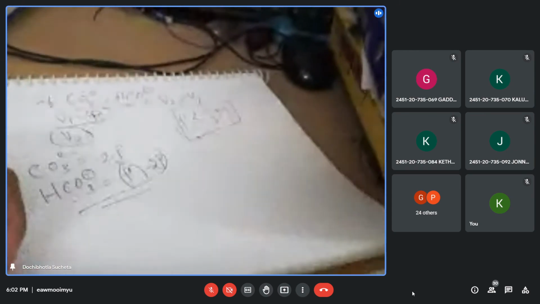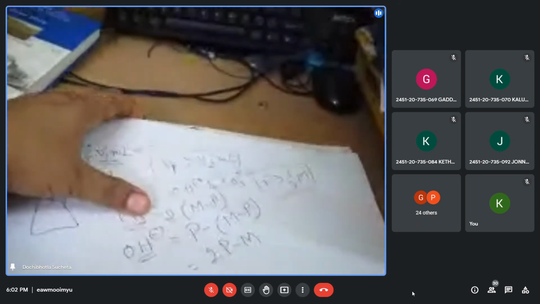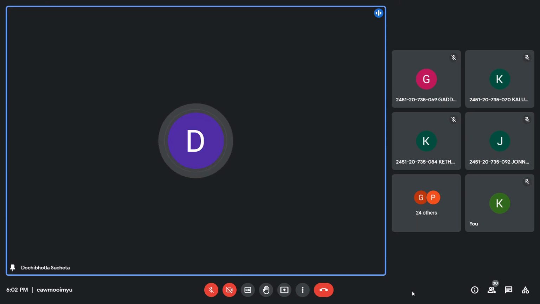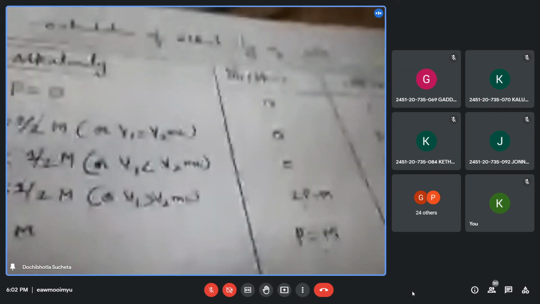The amount of HCl required for neutralization of ions. Write this.